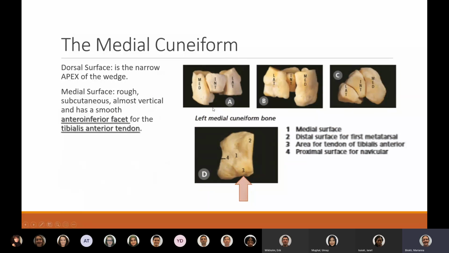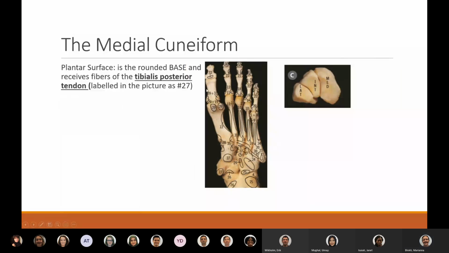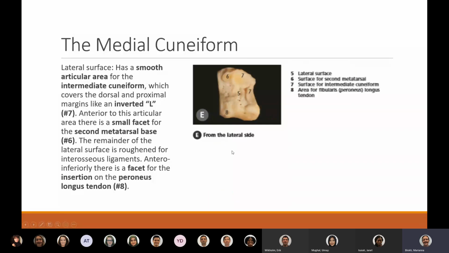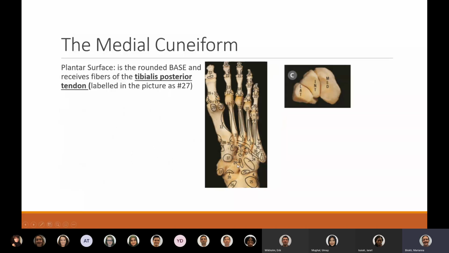On the lateral surface of the medial cuneiform, we're going to have a facet for the insertion of the peroneus longus tendon. The peroneus longus tendon runs from the lateral side of the foot and shoots over to the medial cuneiform.